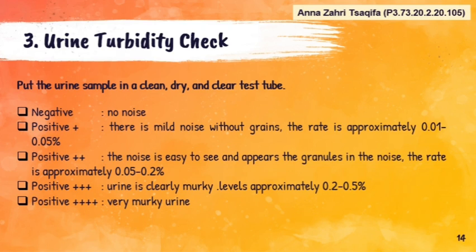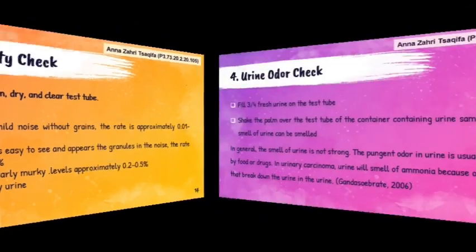Positive plus plus: the turbidity is easy to see and granules appear in it, the level is approximately 0.05 to 0.2%. Positive plus plus plus: urine is clearly murky, levels approximately 0.2 to 0.5%. Positive plus plus plus plus: very murky urine.